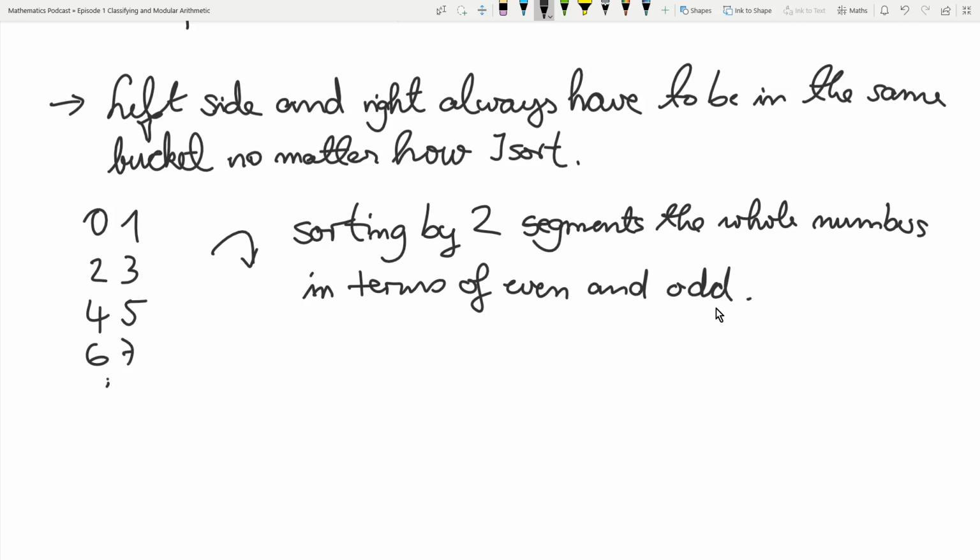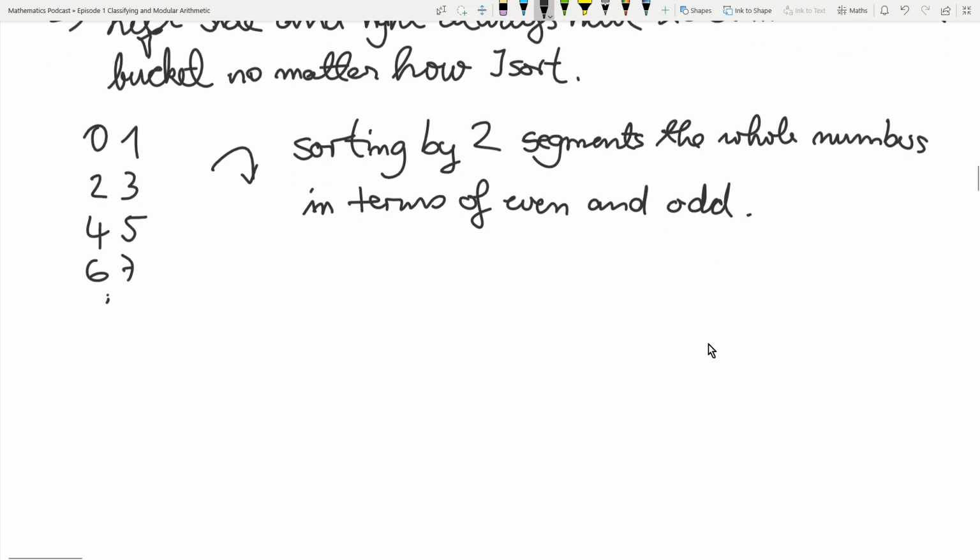For example, if we look at n, and n is an even number, or n is an odd number, what happens if we look at negative n? Well, if n is even, then n is a multiple of 2.